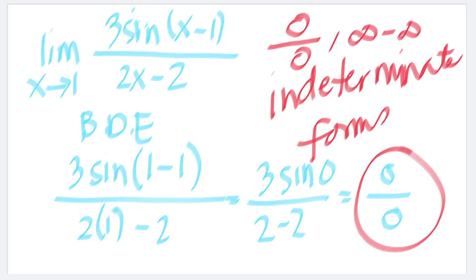As I said a while ago, this one can be evaluated, but at this stage you cannot evaluate it because it is indeterminate in nature. If you direct substitute, you will get the indeterminate form. Indeterminate meaning it cannot be determined. As you go along through this course, you will know how to evaluate this kind of limits or problems.